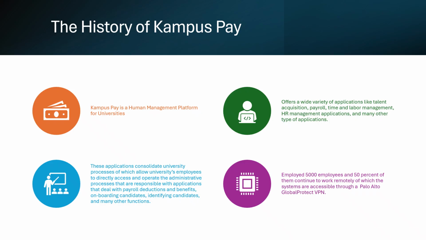On that note, Campus Pay has employed over 5,000 employees, and 50% of them continue to work remotely, and the Campus Pay systems are accessible through a Palo Alto Global VPN, which is all developed by Campus Pay, with a third-party developer, Spectrum.